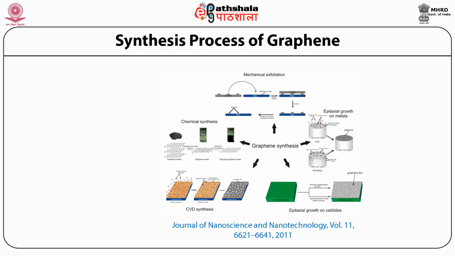A knowledge of different synthesis methods is necessary to understand why different graphene samples exhibit different properties, and to understand which synthesis method can produce suitable samples for a given experiment or application. The scalability and the cost of the different production methods also vary widely.